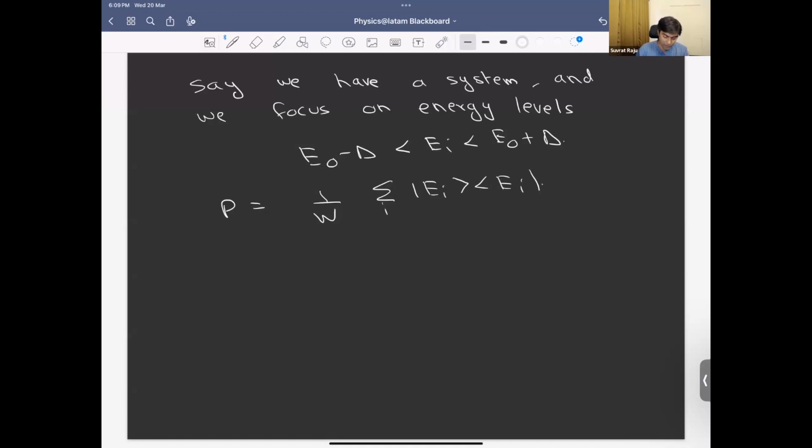What is this W? This W is the number of states and is often called E to the S. Okay, so this is how you define the entropy in the microcanonical ensemble.